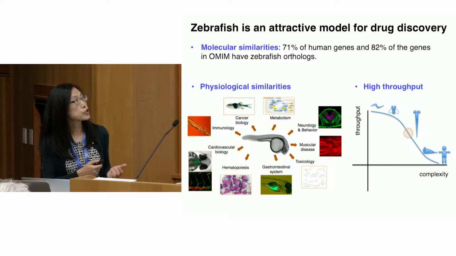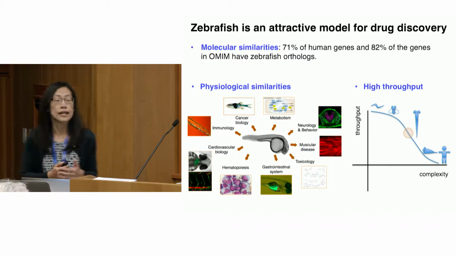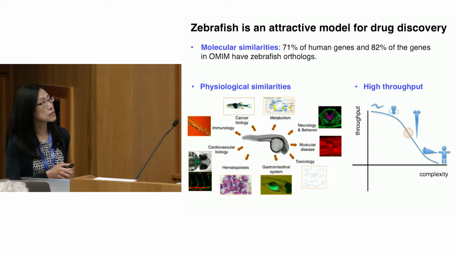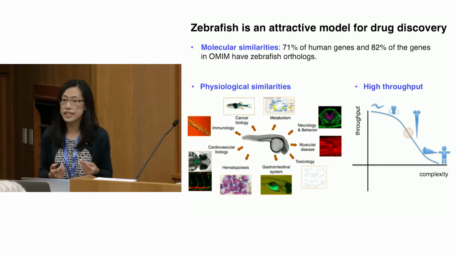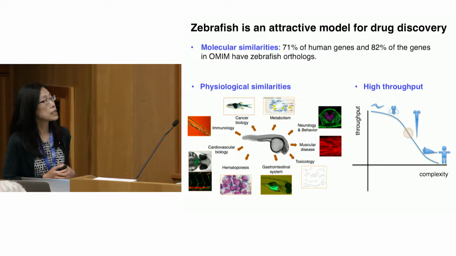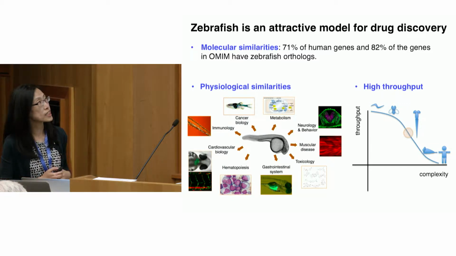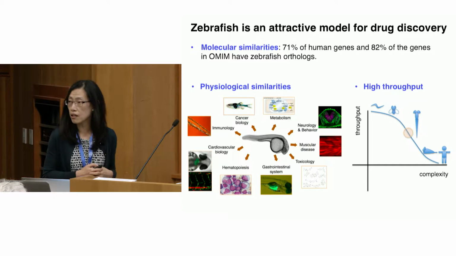After all, zebrafish exhibit important molecular similarities to humans, and about 70% of human genes, as well as 82% of human disease-associated genes, have zebrafish orthologs.